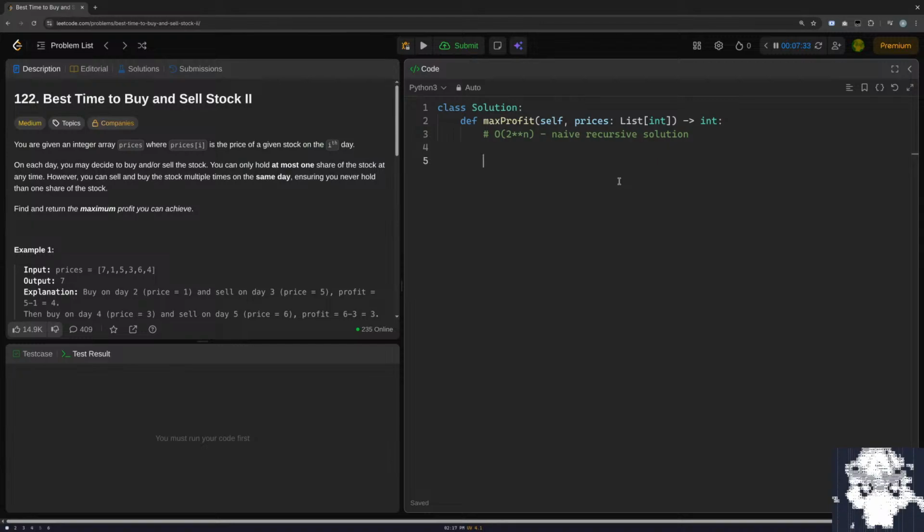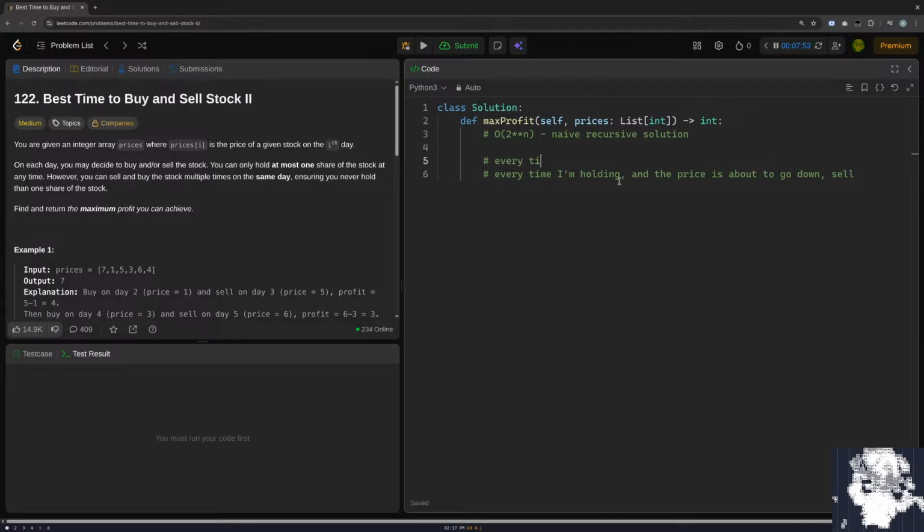Okay, so let's try that. Every time I'm holding and the price is about to go down, sell.